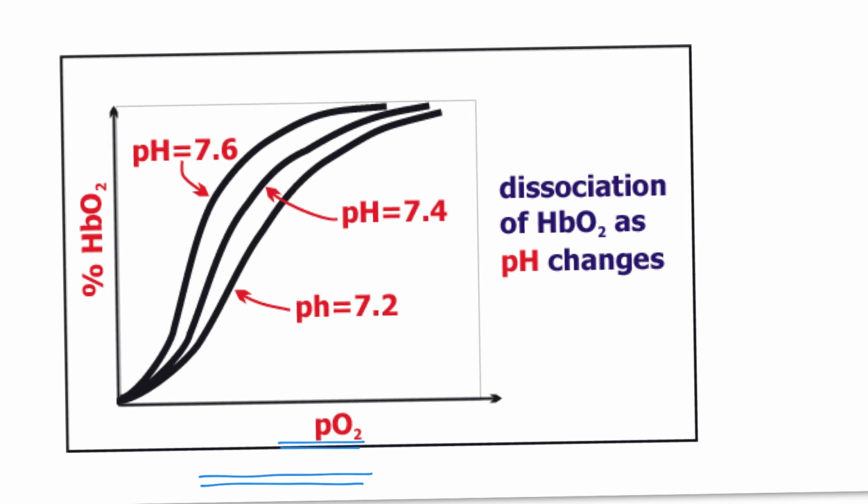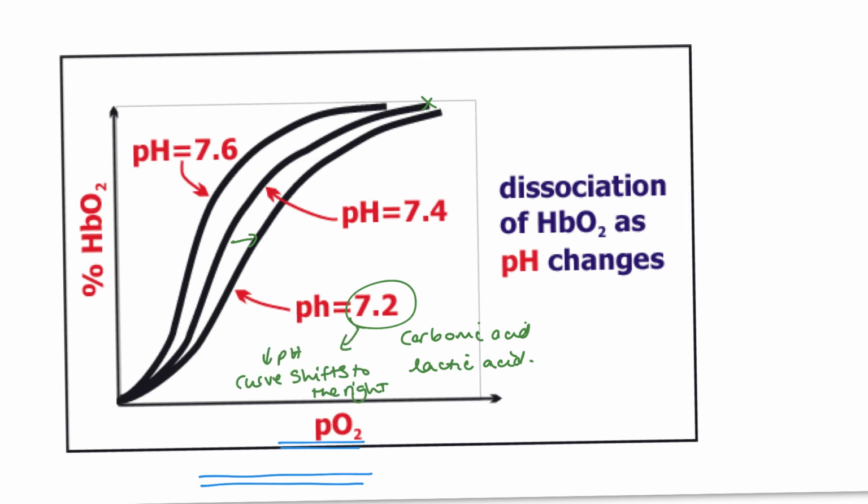So if we imagine, just for the sake of argument, that pH 7.4 was normal, average, medium levels of pH, and then the pH drops to 7.2, and remember this can be because of carbonic acid, it can be because of lactic acid, the curve shifts to the right.